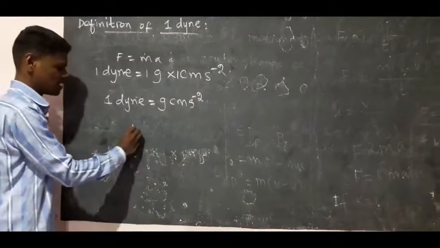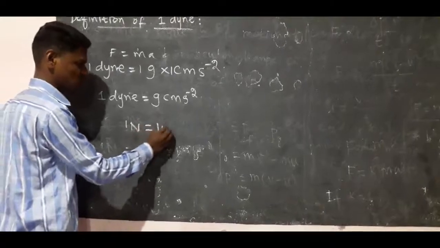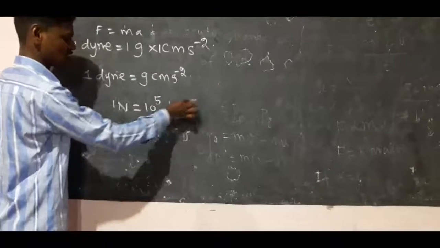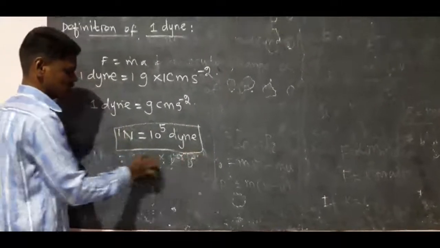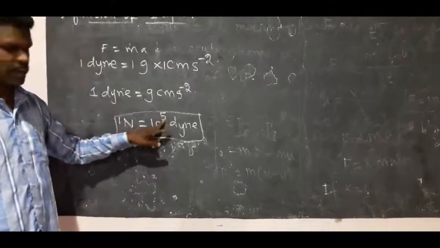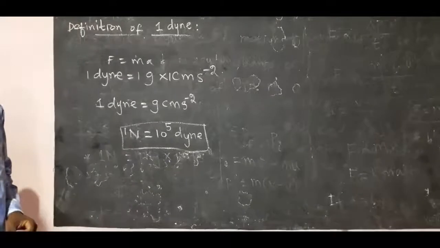And 1 Newton is equal to 10 power 5 dyne. This is a calculated value. So 1 Newton is equal to 10 power 5 dyne. So this is the unit of 1 dyne.